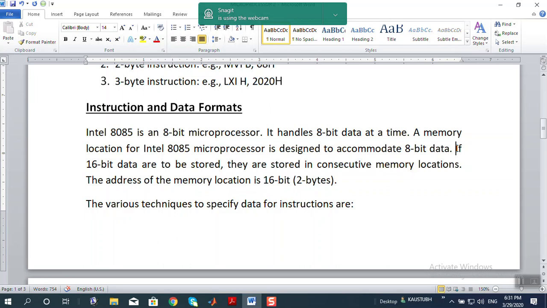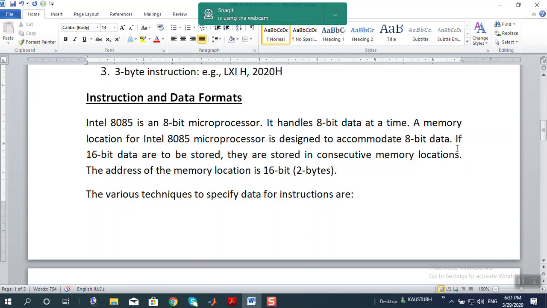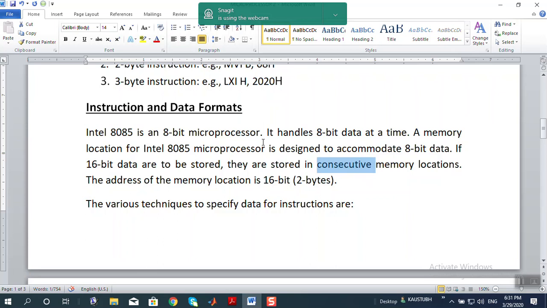Obviously you have to use two memory locations to store your 16-bit data. Both memory locations should be consecutive, one immediately after another. Suppose one is address 2000, another should be 2001, not 2002 or 2003. So 16-bit data are stored in consecutive memory locations.